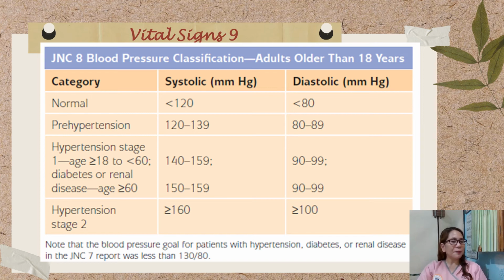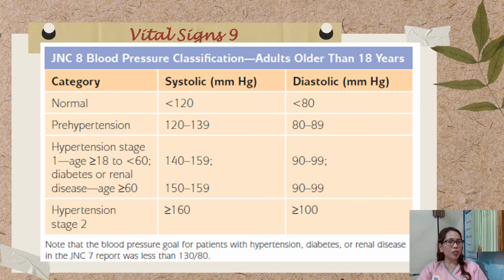And then for hypertension, okay, meron tayong stage 1, no, for the age equal or greater than 18 but less than 60 years old, or for those with diabetes or client with a renal disease aged more than or equal to 60 years old. The following are the ranges of the systole.